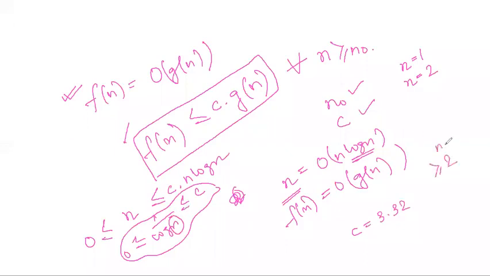So this becomes my n0. So I got one n0 and one value of C, and when I put them in this equation, it was also satisfied. So ultimately I can show that yes, this equation is true. It is of the order of n log n. Is this clear?